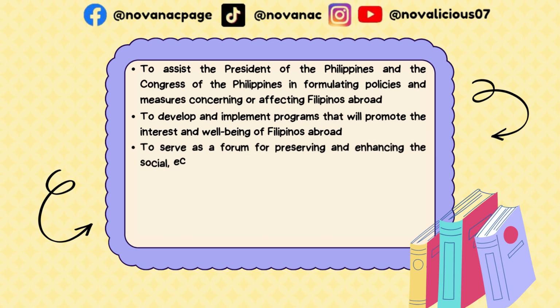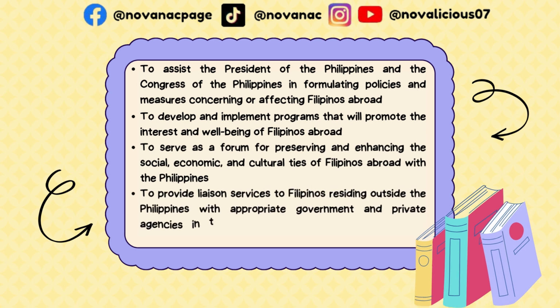Third is to serve as a forum for preserving and enhancing the social, economic, and cultural ties of Filipinos abroad with the Philippines. And last is to provide liaison services to Filipinos residing outside the Philippines with appropriate government and private agencies in the transaction of business and similar projects in the Philippines.